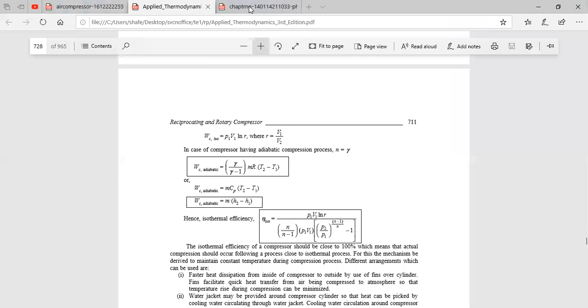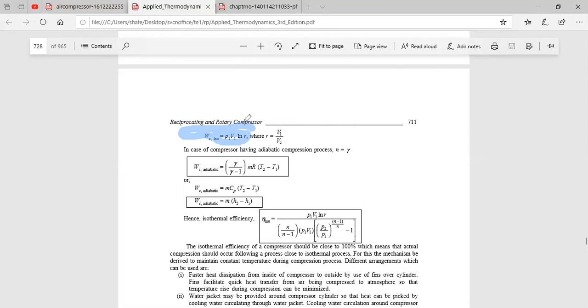Now see, this is the basic equation shown here in blue color.